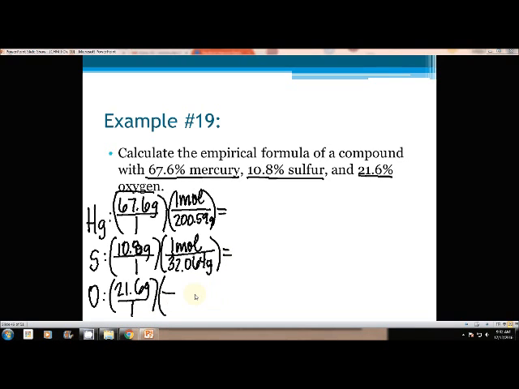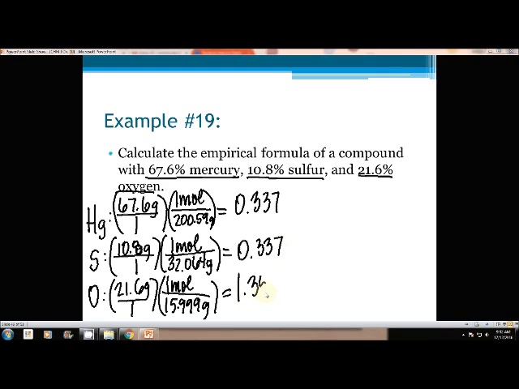And oxygen, everybody probably has that memorized now, is 15.999. If we divide all those out, and we're just going to go 3 decimal places because it really doesn't matter, we have 0.337 for mercury, about 0.337 again for sulfur, and 1.35 for oxygen.